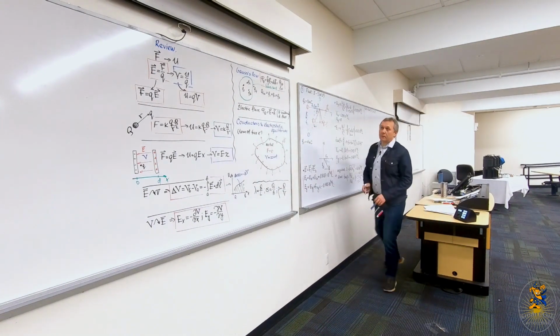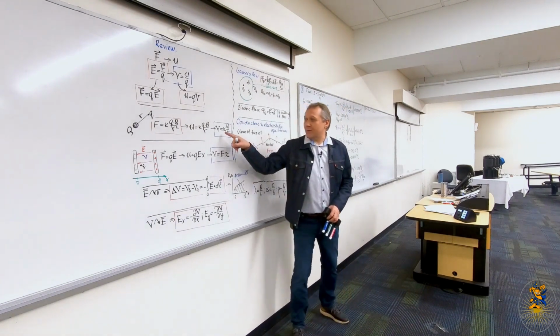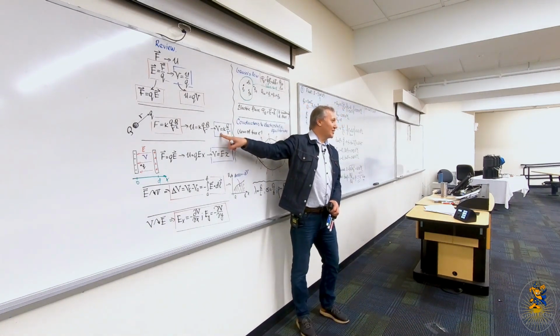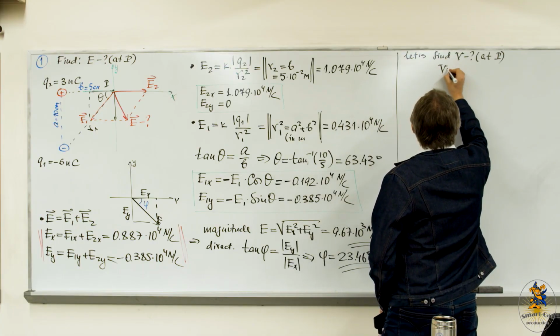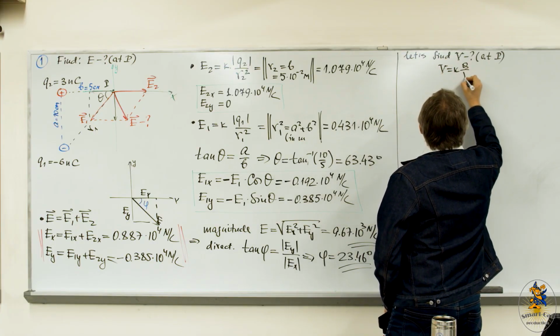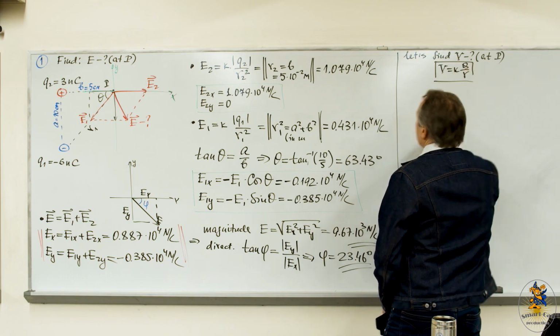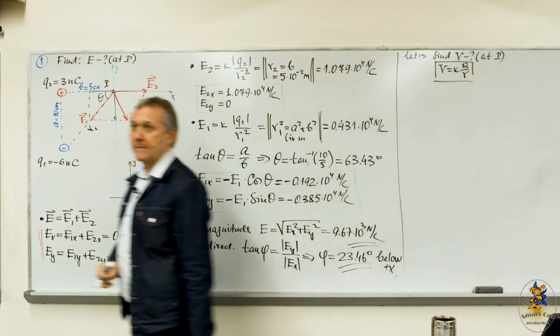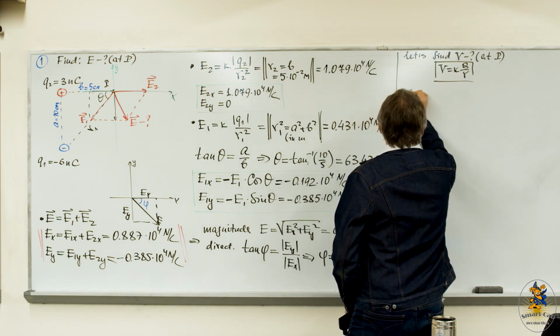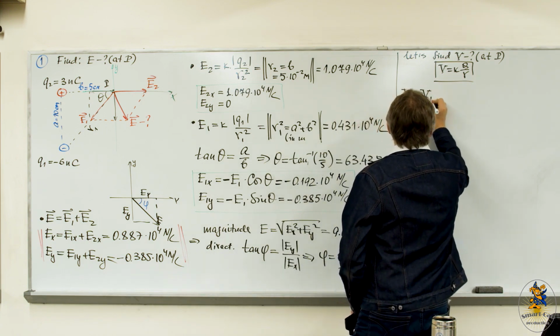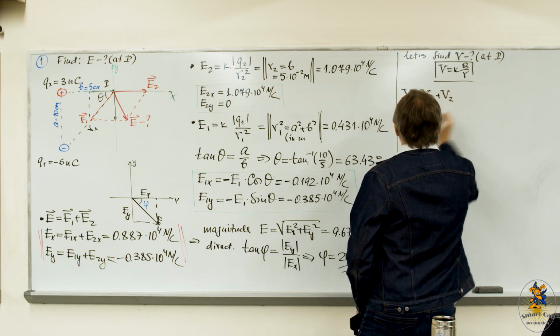So the expression for the electric potential is here, right? So let me just write it. V equals K Q over R. So it's a formula in general. Now let's apply it twice. So V at point P will be equal to V1 plus V2.